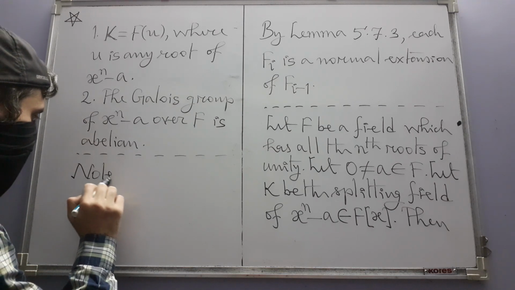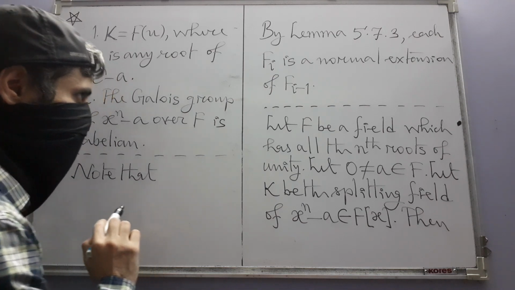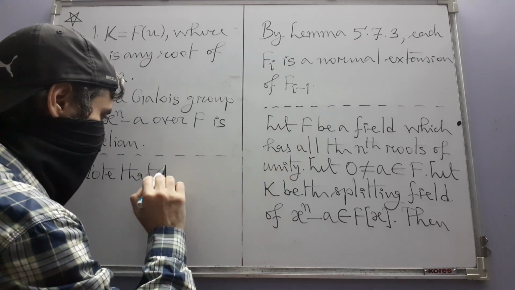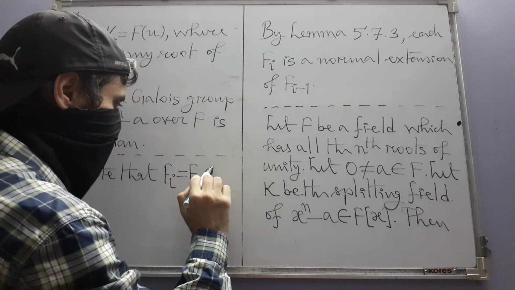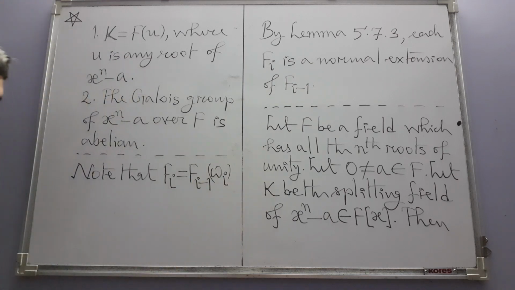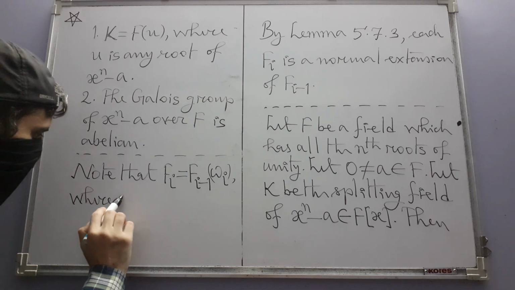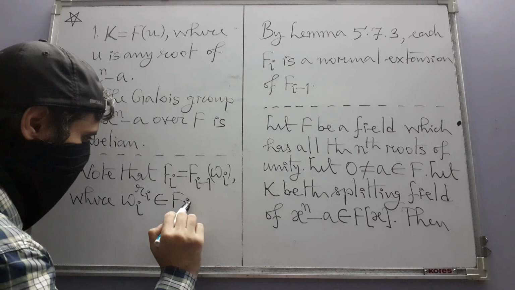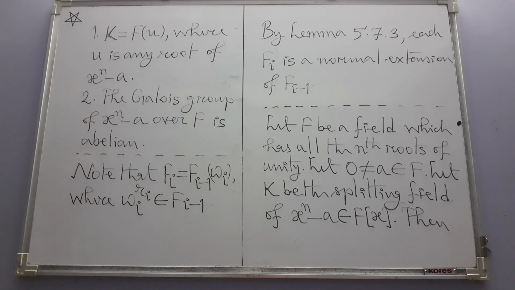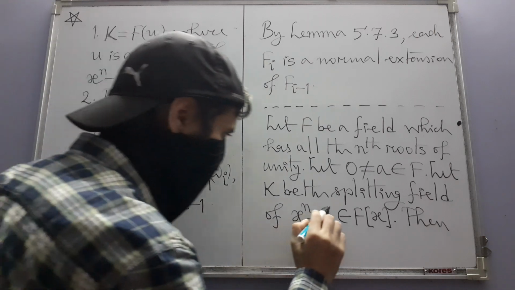Note that Fi, according to how we have the fields, according to that pattern, is obtained from Fi minus 1 by adjoining some element omega i to Fi minus 1, where some power of omega i belongs to Fi minus 1. Alright. Now consider this element itself in place of a.